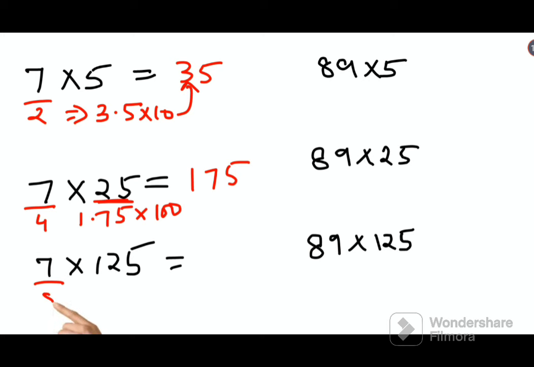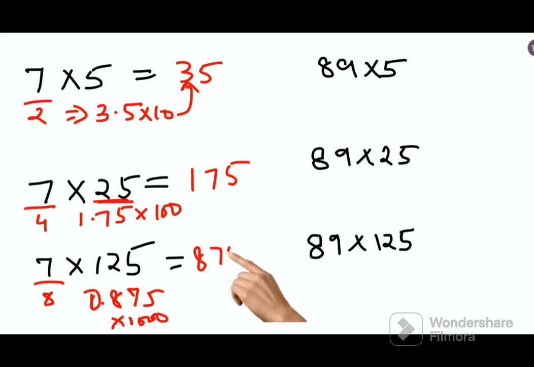Then you divide 7 by 8. You get 0.875. You again multiply by 1000. So your final answer is 875.